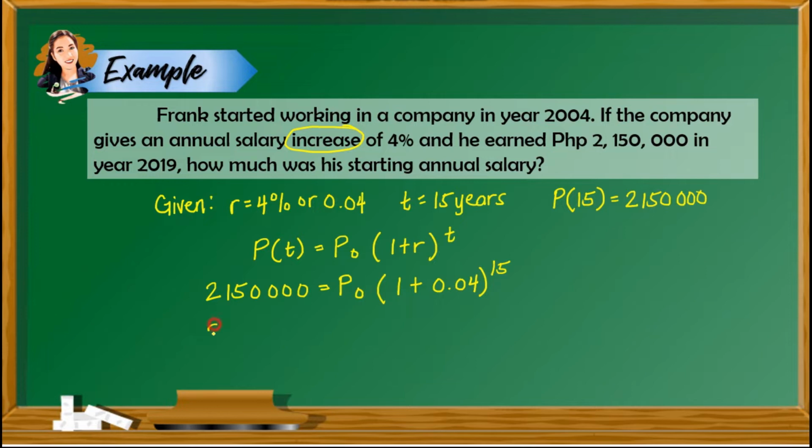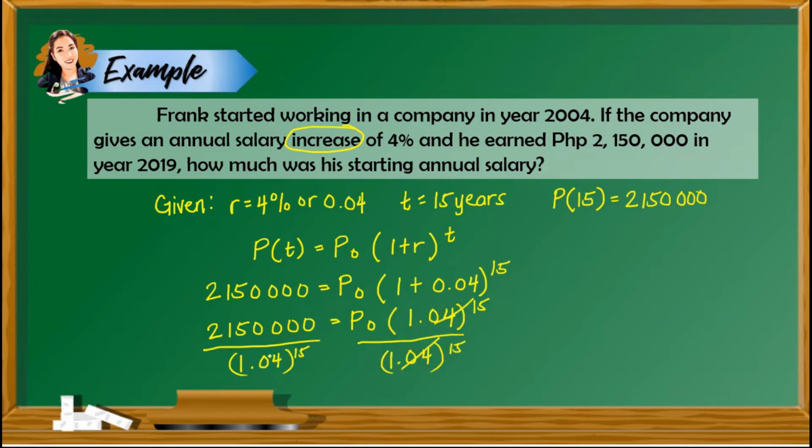Next, we have 2,150,000 equals P sub 0 times 1.04 raised to the power of 15. To solve for P sub 0, we need to divide both sides by 1.04 raised to the power of 15.